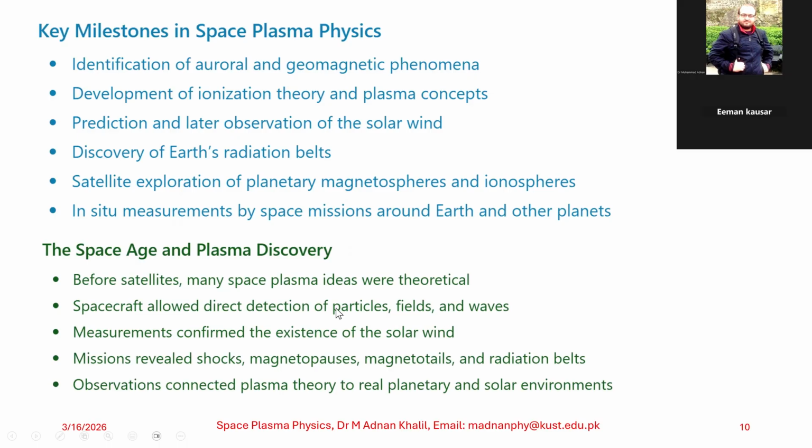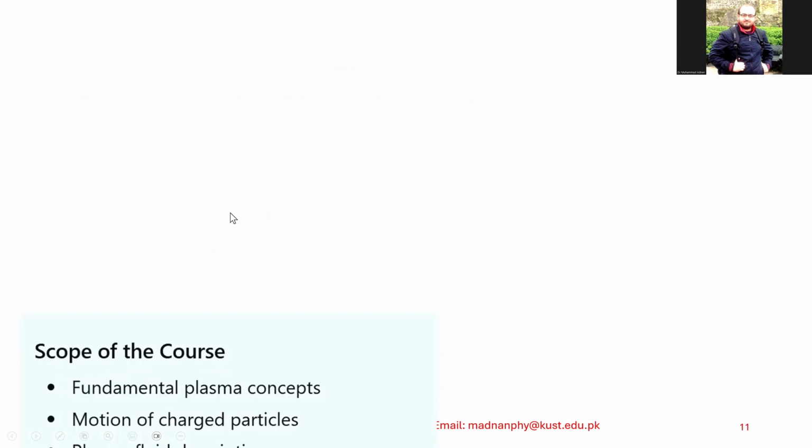From the 1980s, we call it the era of satellites. Then those particles and fields could be detected directly through satellite missions, and we have various terminologies that are now well explained with the help of particle dynamics.